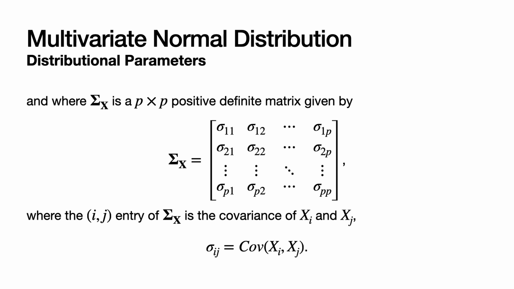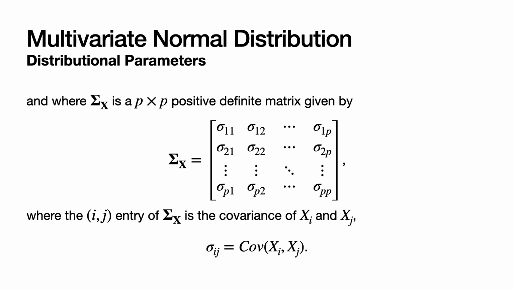So for example, we have on the first row sigma 1, 1, sigma 1, 2, and so forth up to sigma 1 sub p. So in that case, sigma 1, 2 is the covariance of x1 and x2. Sigma 1p is the covariance of x1 and xp.